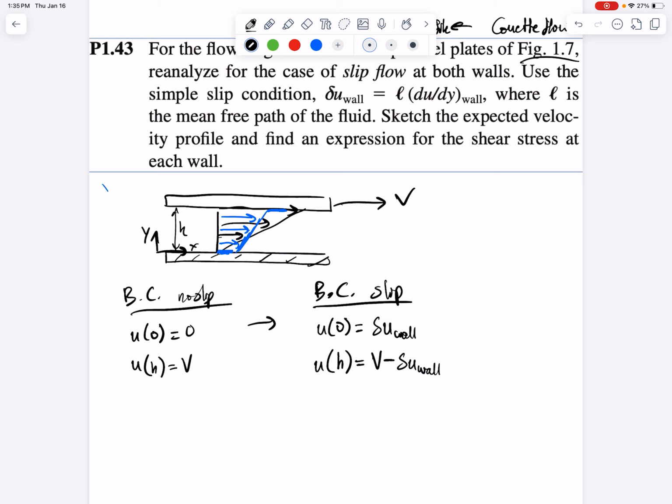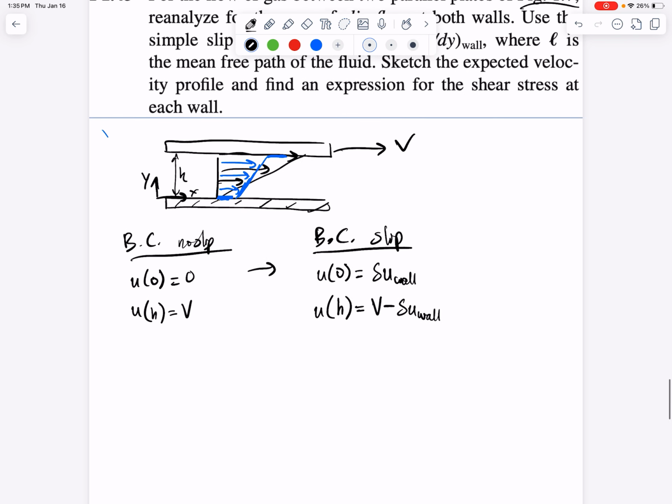That's why we have this new profile that is different. It's to account for that fact. So that's why we have our new boundary conditions, as well as a new slope, because of conservation of mass, or conservation of volumetric flow, one of those two.